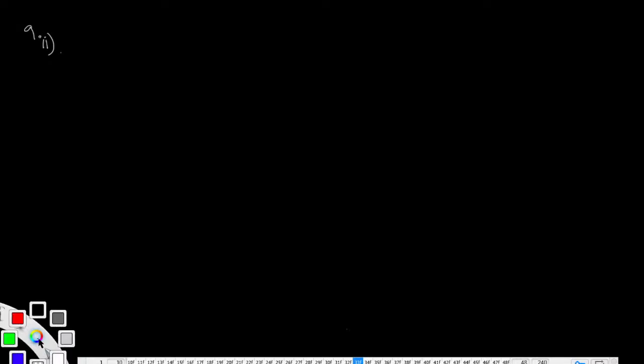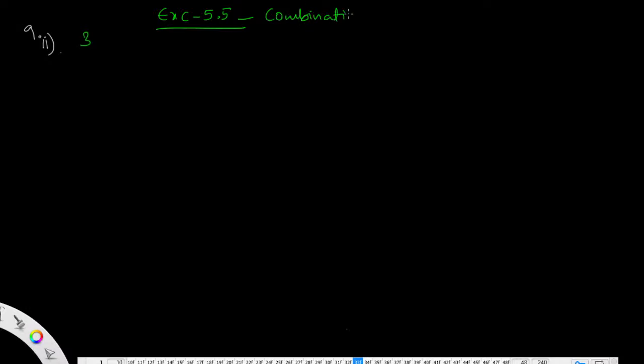So exercise 5.5 on combinations. Ninth bit second question: 34C5 plus sigma r equal to 0 to 4 of (38 minus r)C4 is equal to 39C5. So this is the question.